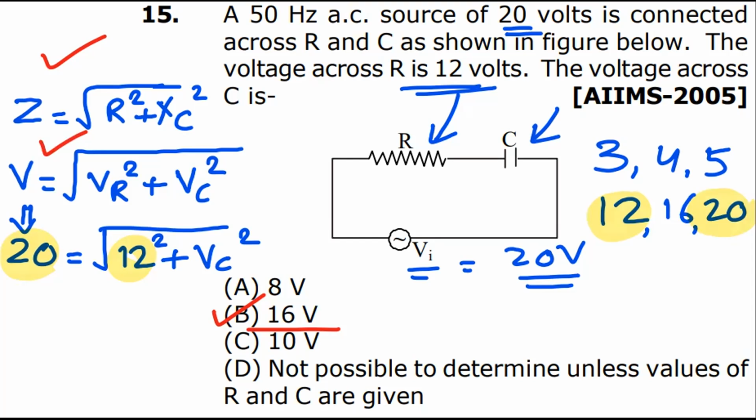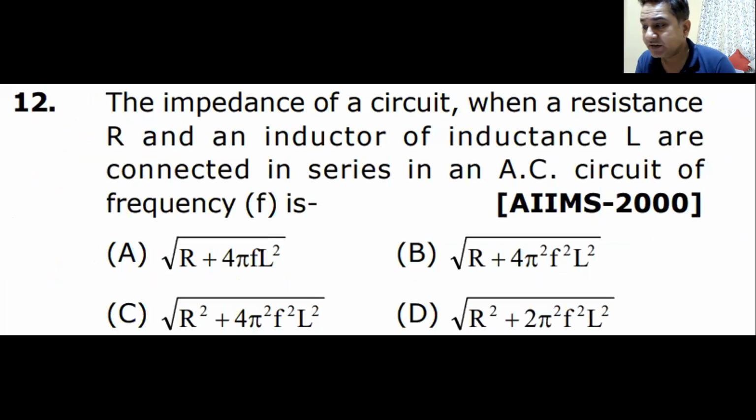I hope you have noted this down. Since you have noted this down, this is a simple question that is coming your way. This is an AIIMS 2000 question. The impedance of a circuit when a resistance R and inductor L are connected in series. Please tell me your answers.